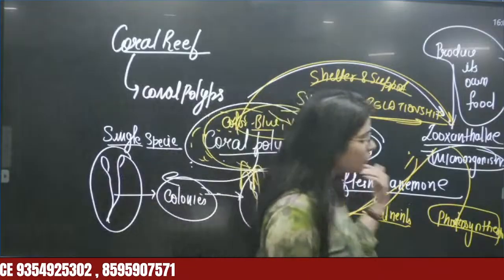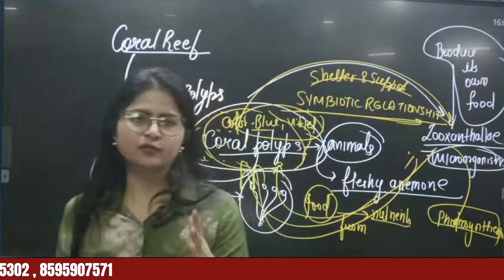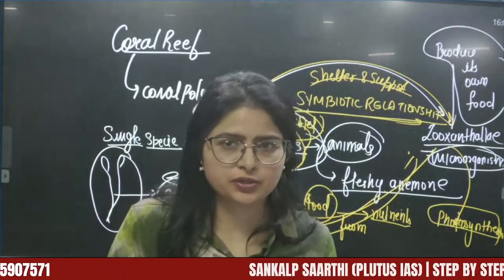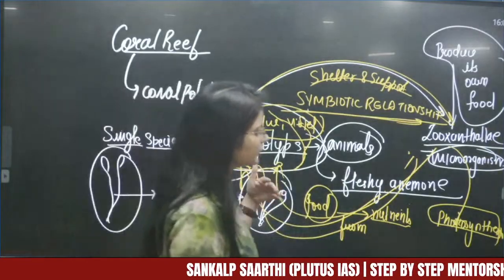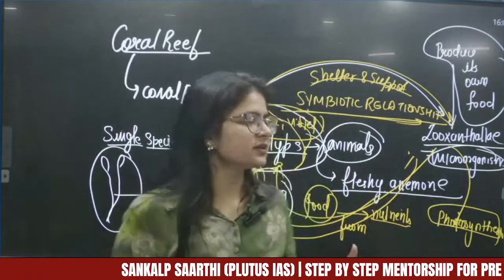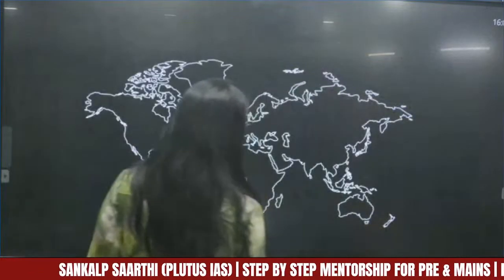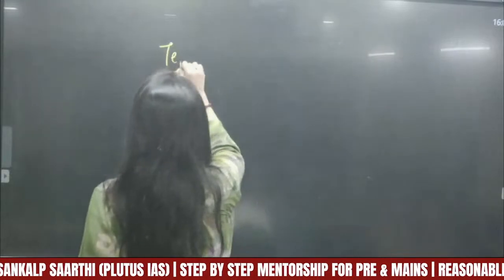Now, these corals which are formed cannot just thrive and sustain in any kind of temperature or any kind of location. They do need a specific location, they do need specific requirements in order to thrive. The first thing that they require is that the temperature should be moderate.